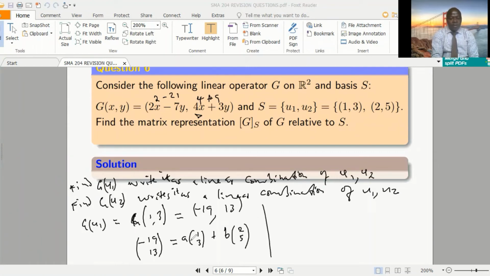So let's multiply this. It will be a plus 2b is negative 19, and 3a plus 5b is 13. Solve this simultaneously.